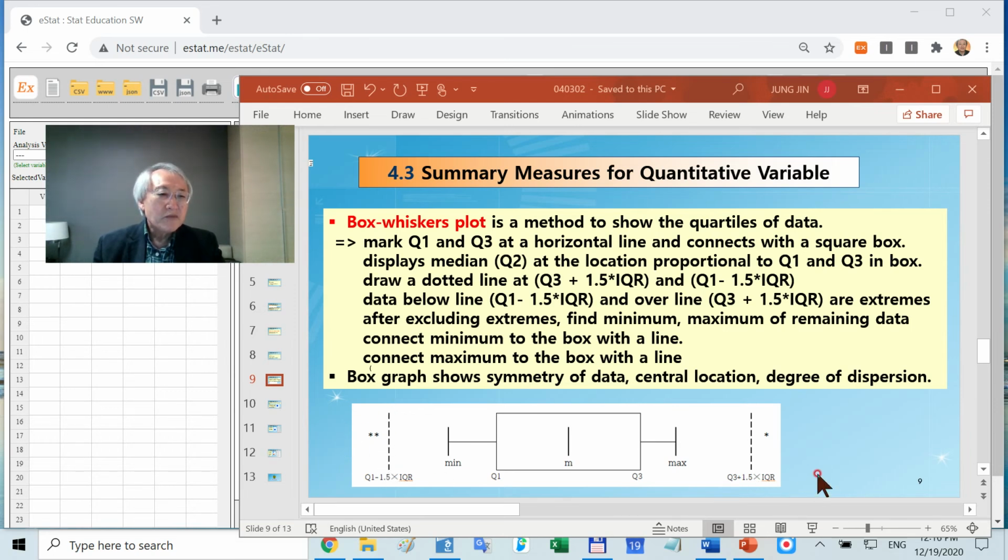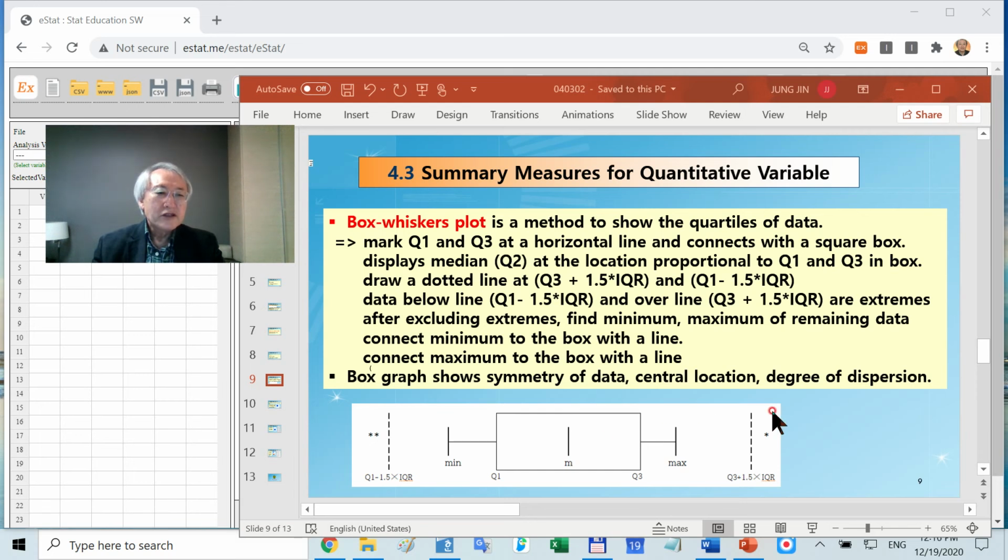If there is some data like this, we consider it an extreme point. Then why don't you temporarily remove this extreme point from consideration? Then, using the remaining data, calculate the minimum and maximum and connect them. This is what we call a box plot.